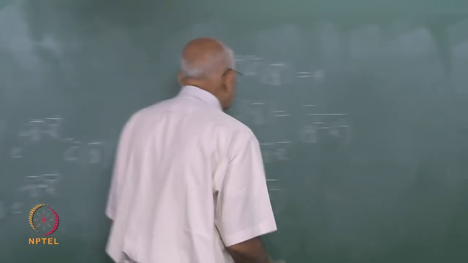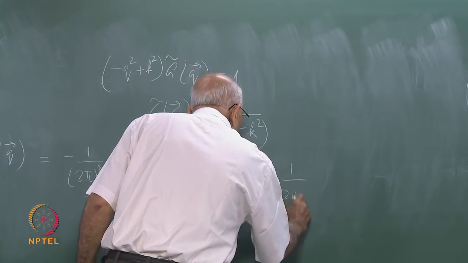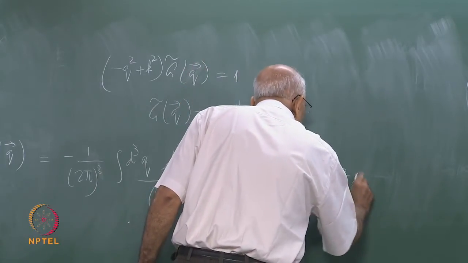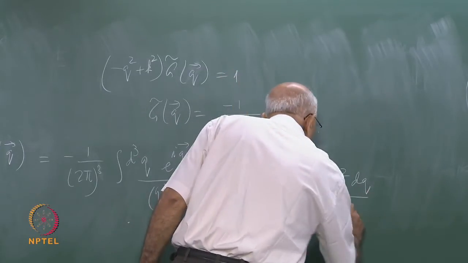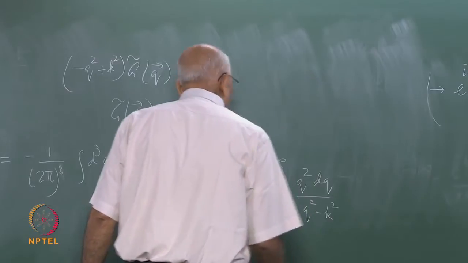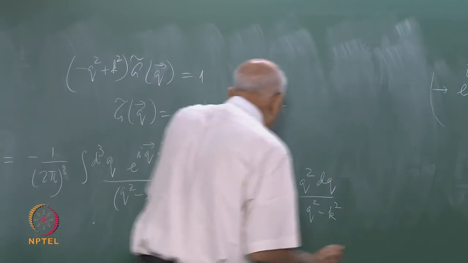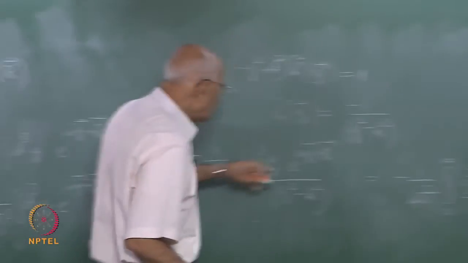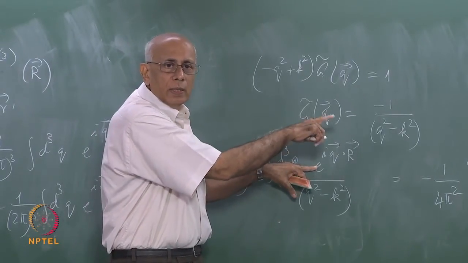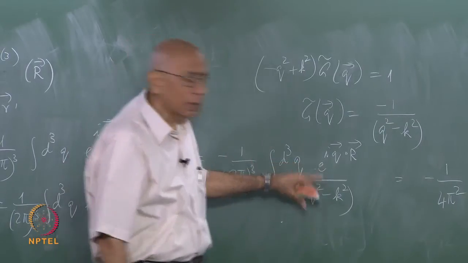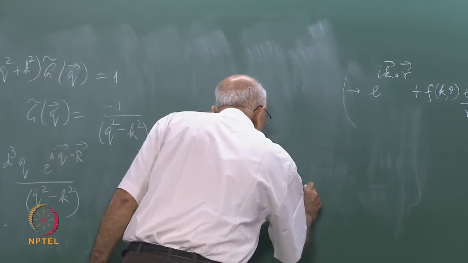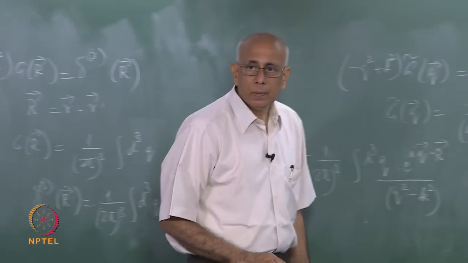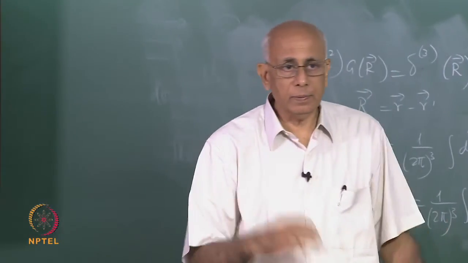So this thing here is equal to minus 1 over 2 pi whole cubed, integral q squared dq 0 to infinity divided by q squared minus k squared, and then there is a 2 pi factor which comes in from the phi integral, so this becomes a minus 4 pi squared, and then an integral of e to the i q r cos theta from cos theta minus 1 to plus 1, and that is equal to 2i sine q r over i q r, as always.